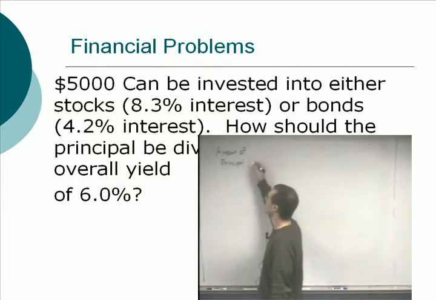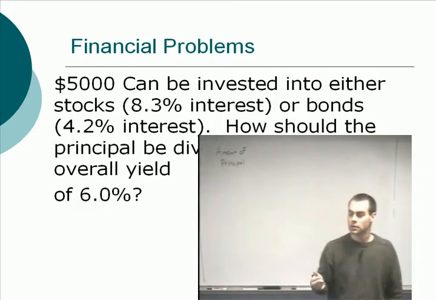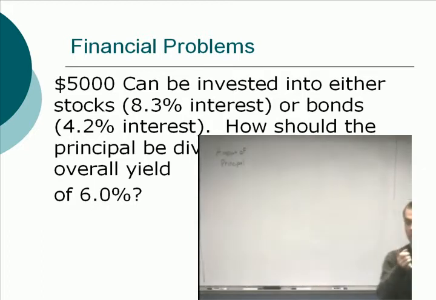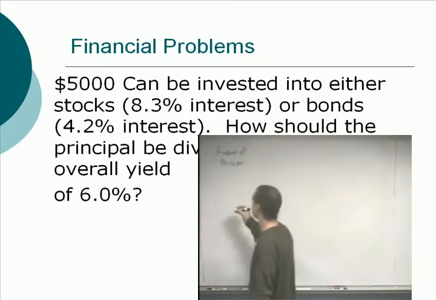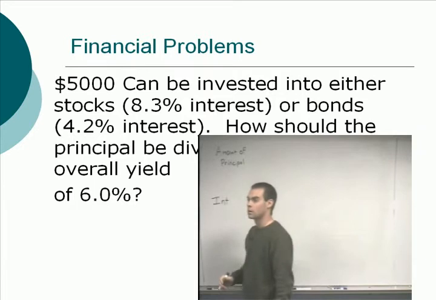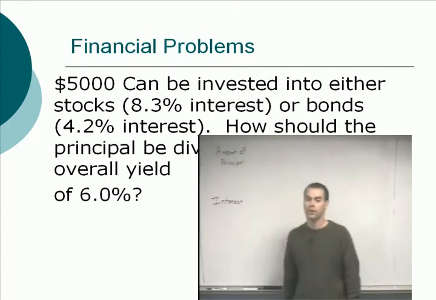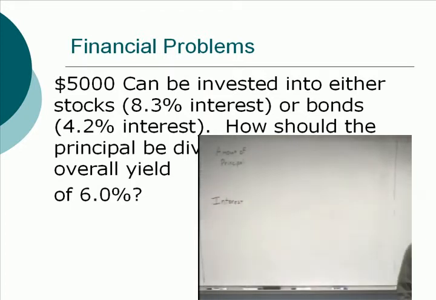What's the other equation involve? The 6%, the interest. Right, we want to have the amount of interest work out. So there are our 2 equations. One's going to involve the total amount of money, one's going to involve the interest.